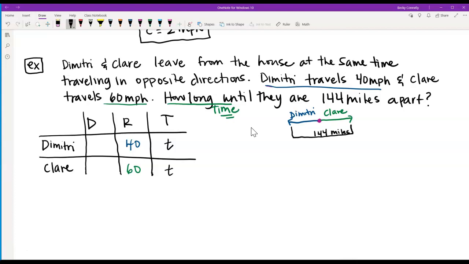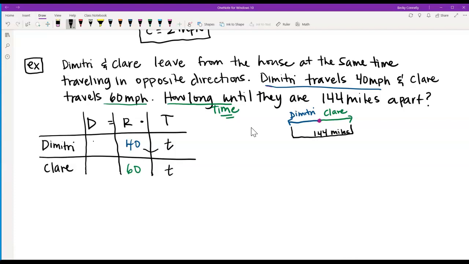Now, remember our whole equation, distance equals rate times time. So when I multiply my rate by my time, I will get a distance. And remember, this distance is unknown to me. I just know together it's 144. But I'm going to go ahead and multiply these two things together.